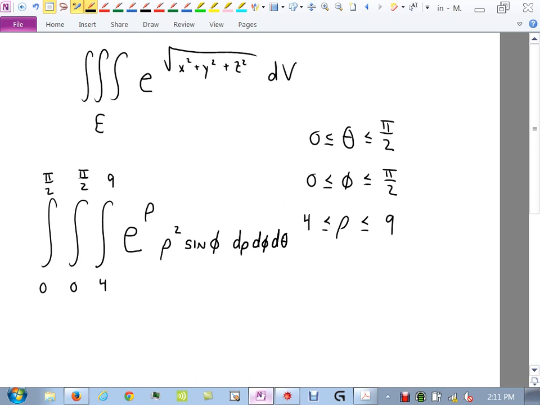And then once you get that, you plug in 9 and 4 for rho, and now you'll integrate that with respect to phi. When you do that, you're basically going to have a constant in front of sine of phi.